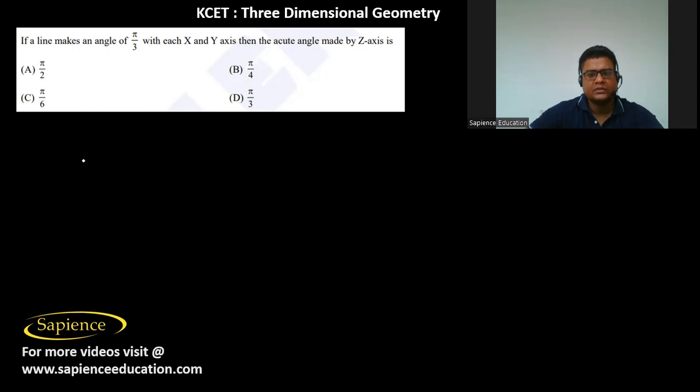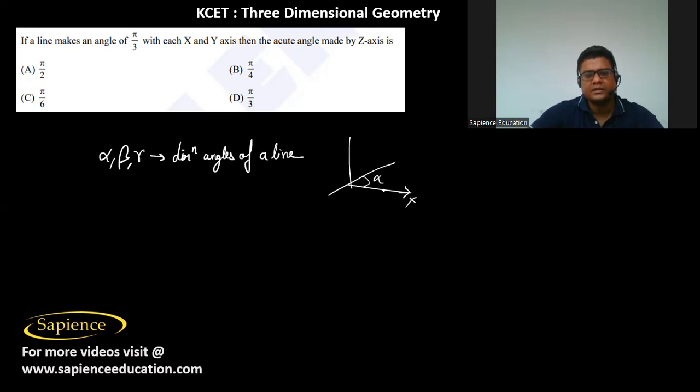So here, as you know that if alpha, beta and gamma are the direction angles of a line, it means that alpha is the angle it makes with the x-axis, beta is the angle it makes with the y-axis, and gamma is the angle it makes with the z-axis. So then these are called the direction angles of the line.